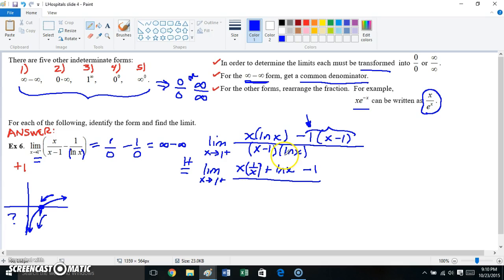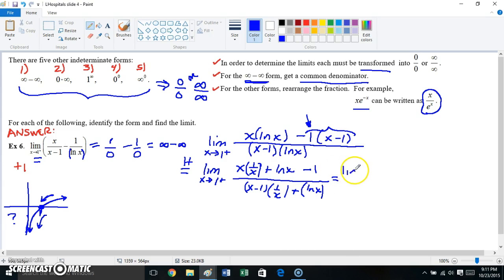I'm going to have to use the product rule again. So that's going to be x minus 1 times 1 over x plus natural log of x times 1.